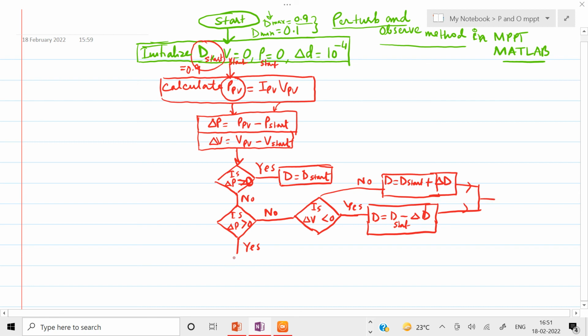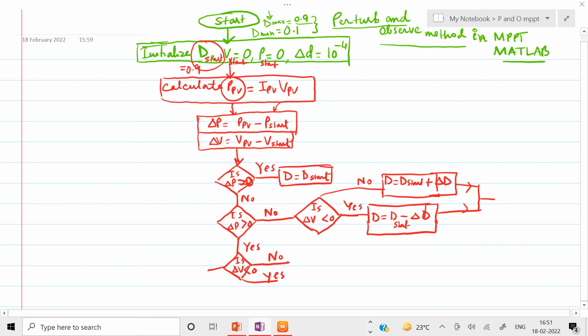And the other case is when delta P is not greater than 0, so that means delta P is less than 0. Here also we have to check whether delta V is less than 0. So we have two answers for this case, no or yes.